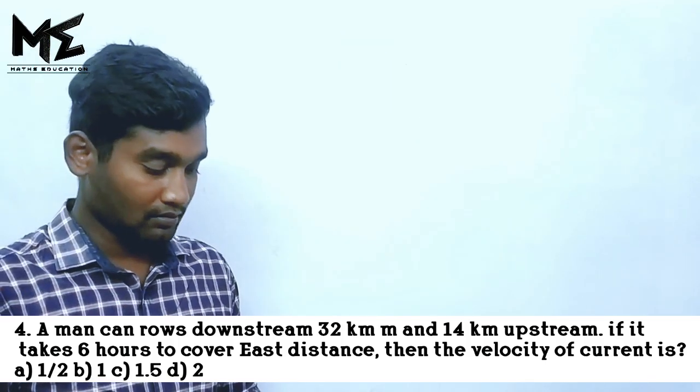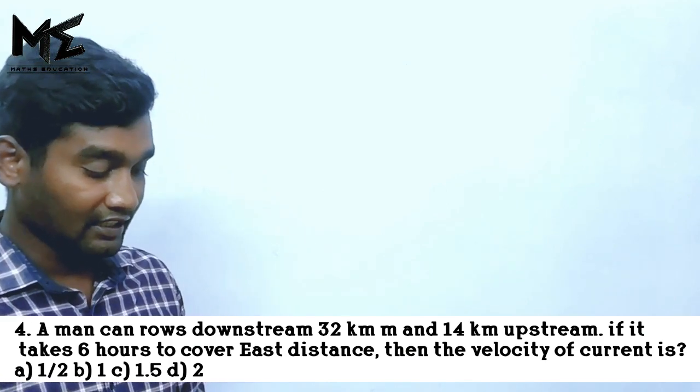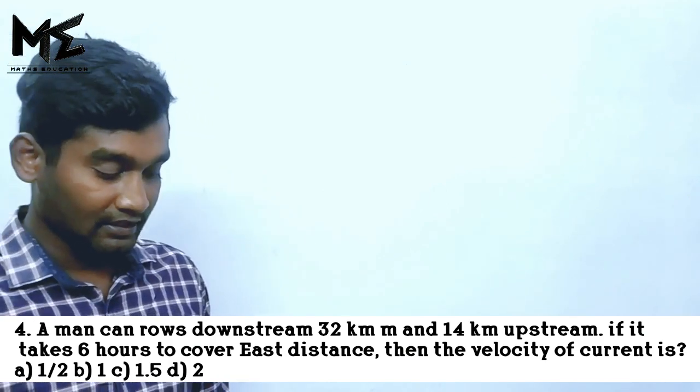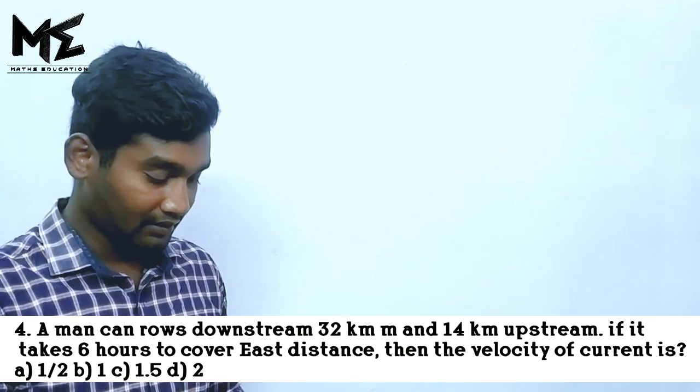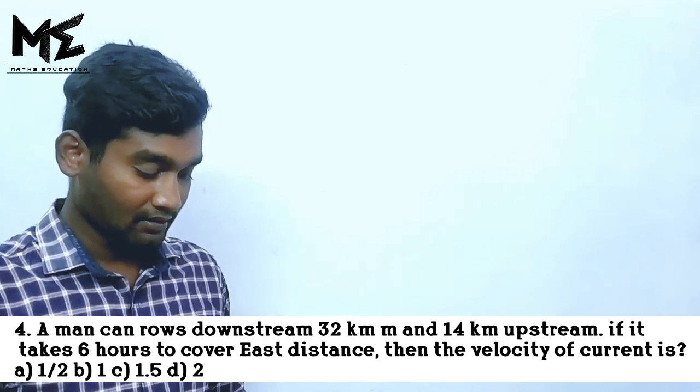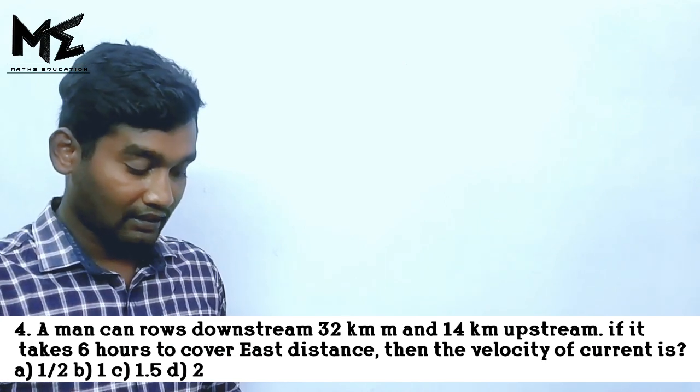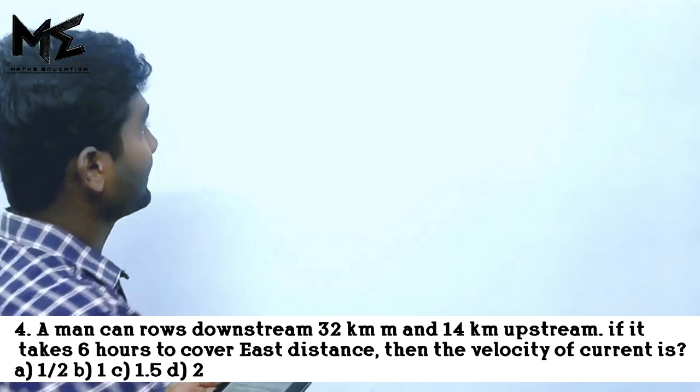A man can cross downstream 30 kilometers and 14 kilometers upstream. If he takes 6 hours to cover each distance, then the velocity of the current is, we need to find y here also.